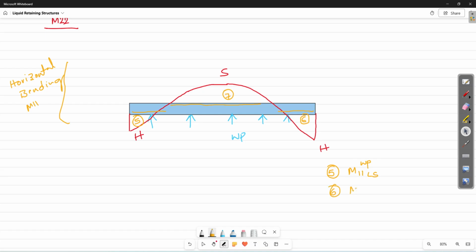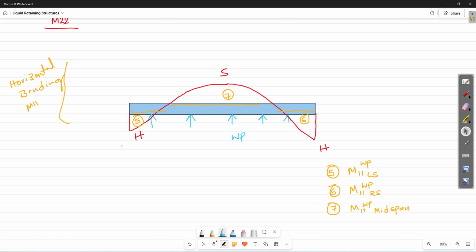So again this is M11, water pressure, right support. Next 7. So it will be M11, water pressure. It will be provided at mid span.